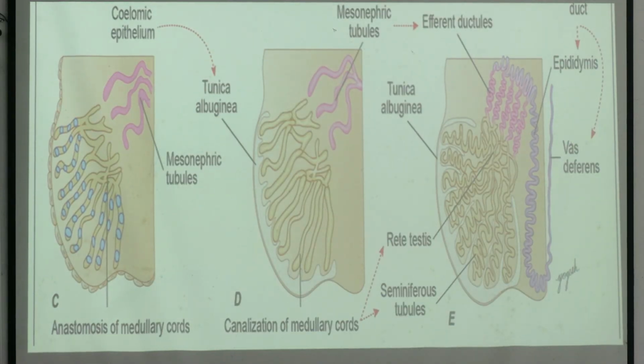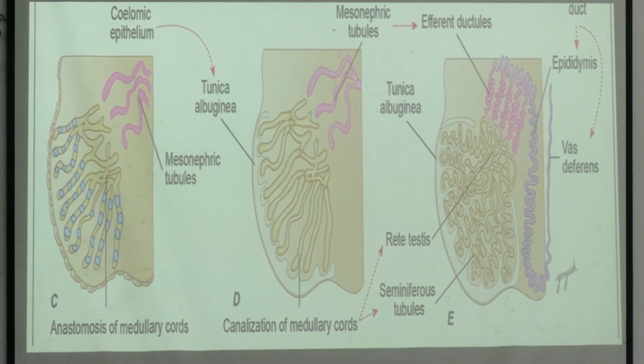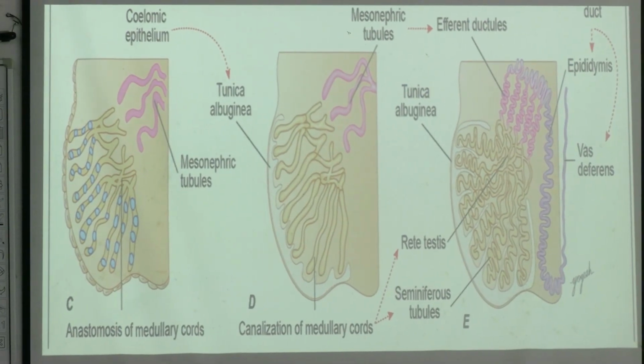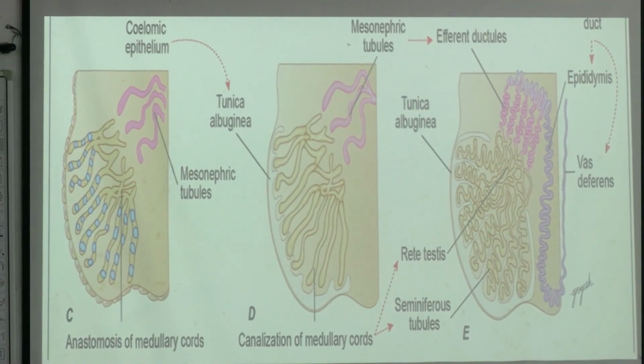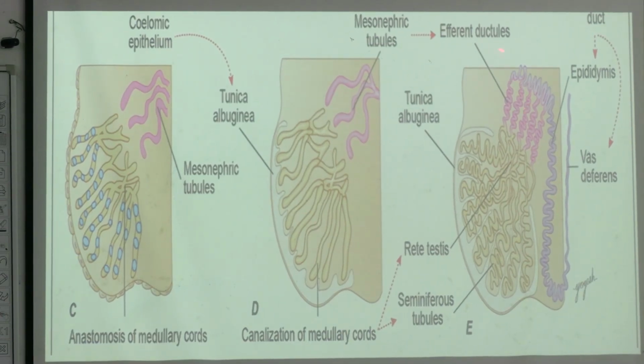So this is phase 1 which you are seeing here, where you see these cords. Now these cords are contributed along with the metanephric tubules, and from the metanephric tubules we have the metanephric ducts. So we have these seminiferous tubules formed, then we have the efferent ductules, then the efferent ductule joins with the channel system, we call the vas deferens.